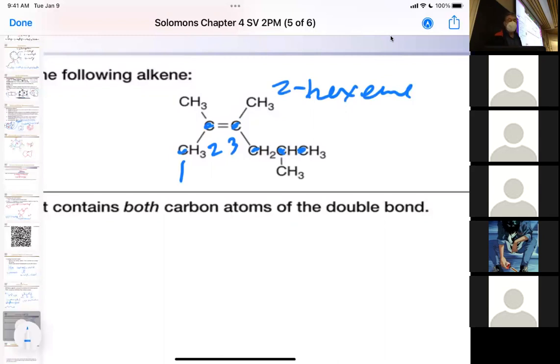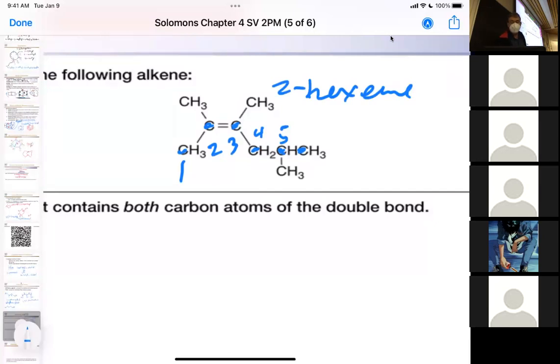Now that we already know our numbering system, because we have less ambiguity than in the hydrocarbons, we know it has to start in this way. We can start numbering for our methyl groups. And I see a 2-methyl group, a 3-methyl group, and a 5-methyl group.